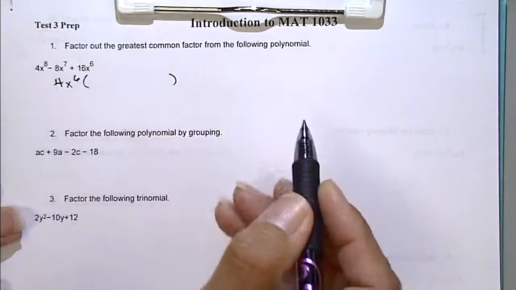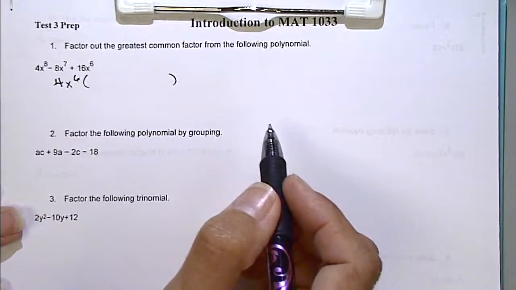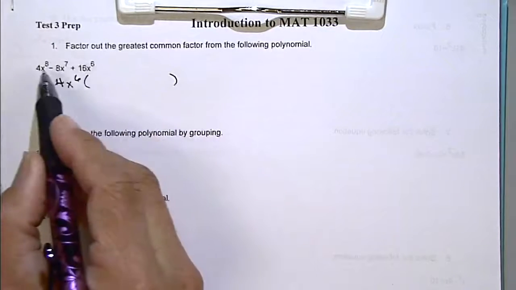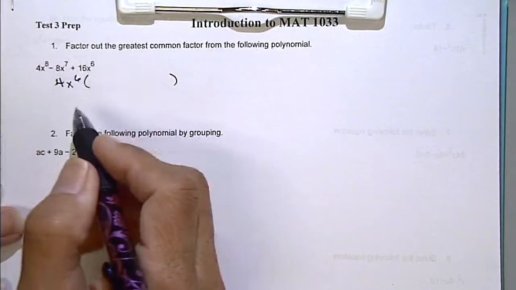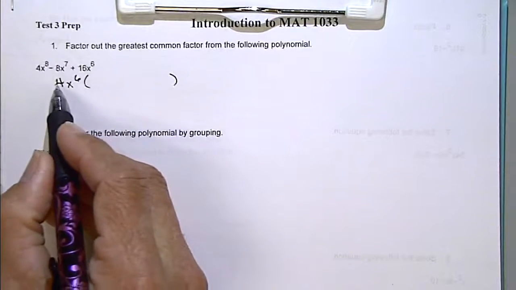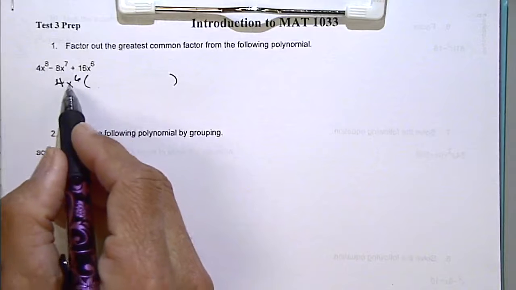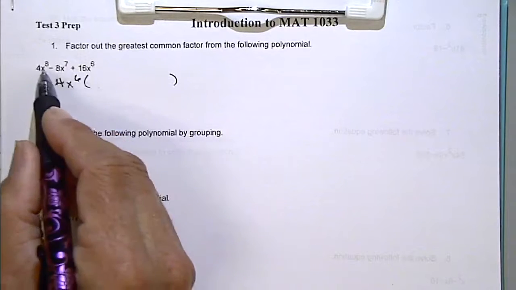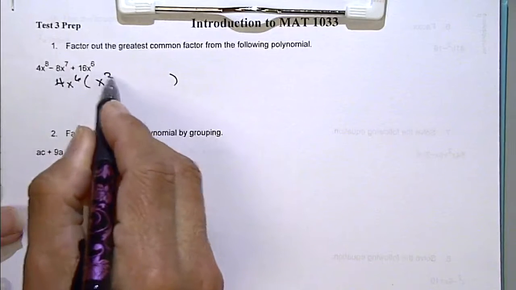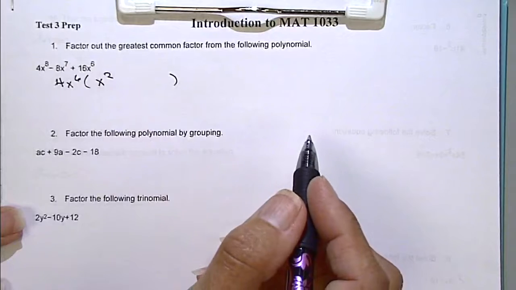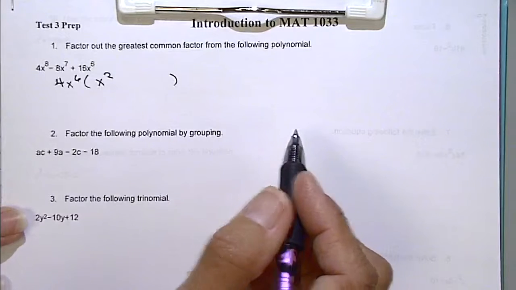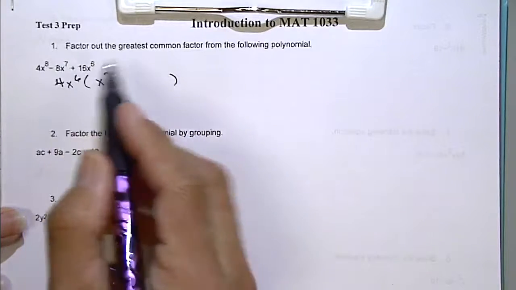Now, when you factor it out, you have something left over. So basically what you're doing, any way you want to do it, if you want to write it down and divide it, you can. Or if you want to say 4 times what is going to give me 4, well, 4 times 1, x to the 6 times what? Well, it would be x squared to get back to x to the 8th. Or you can divide. However you want to do it. You would divide each term by 4x to the 6th.